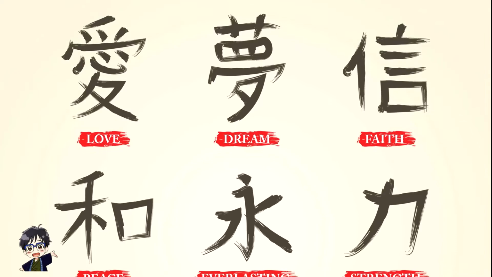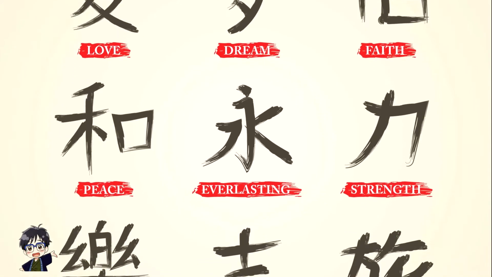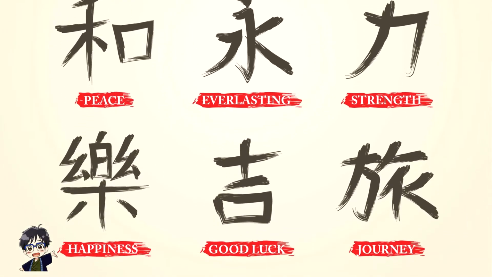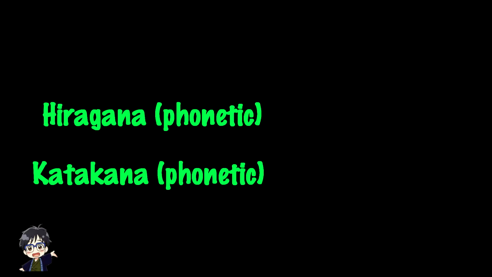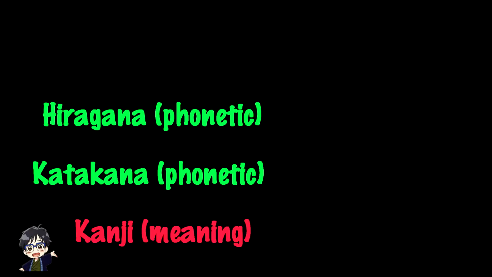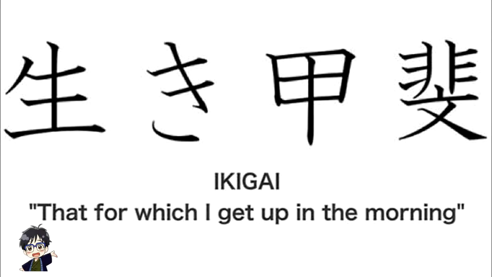The last writing system is called kanji, and these are Chinese characters that are used in Japanese to represent a meaning. So while Hiragana and Katakana are phonetic and simply represent sounds, kanji can be used to represent an entire word. These kanji can stand alone or combine with hiragana and other kanji to create different words and ideas.